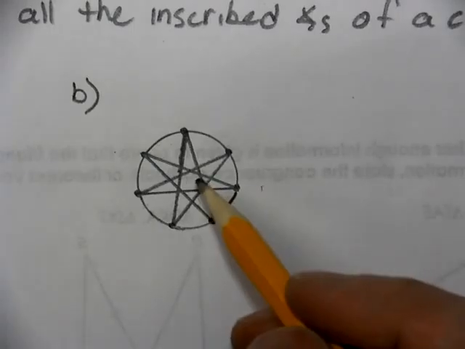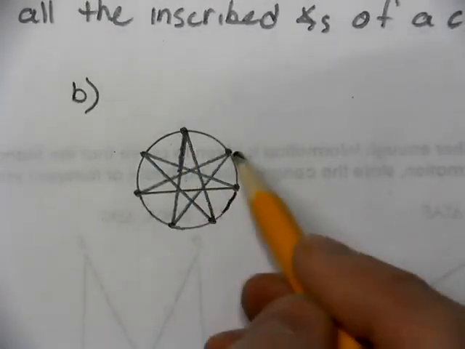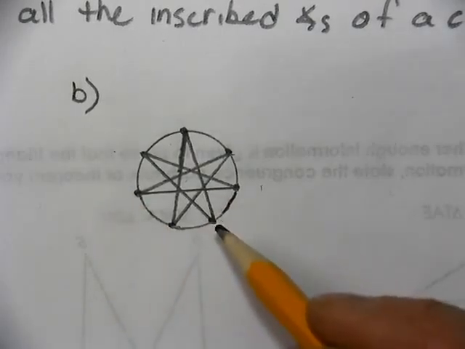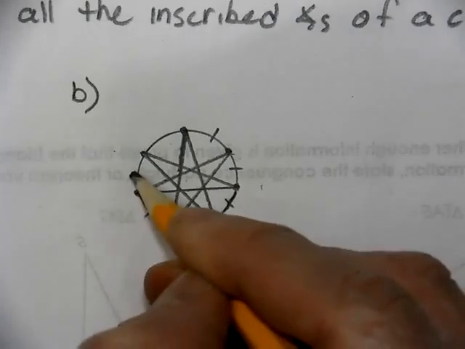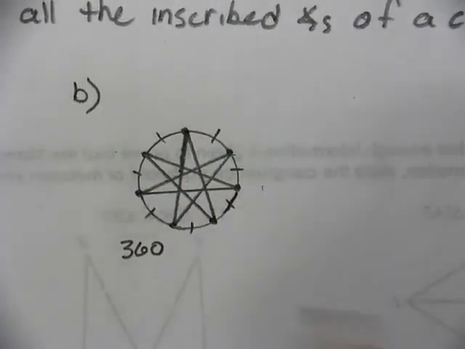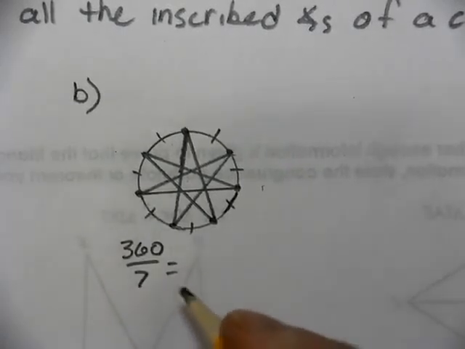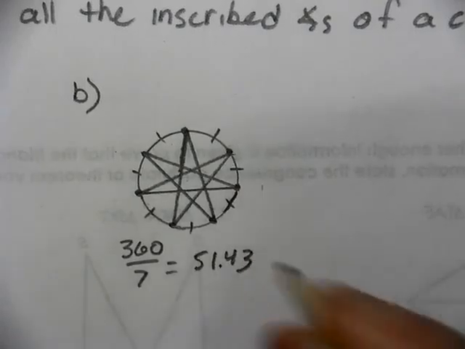So for question B, we have a star with 7 different points. So we have 7 supposed to be congruent arcs. So we're going to take 360 and divide that by 7, and that's going to give us 51.43.